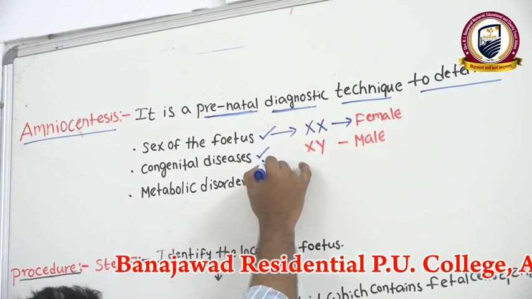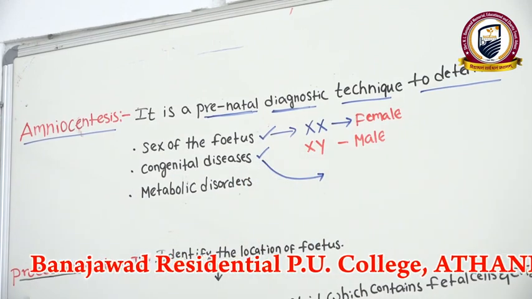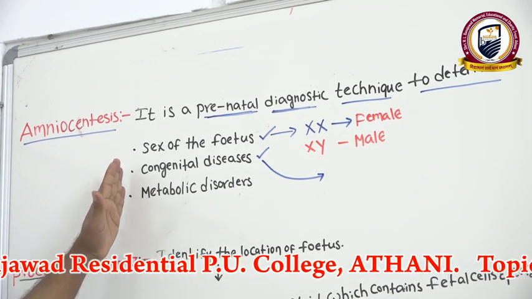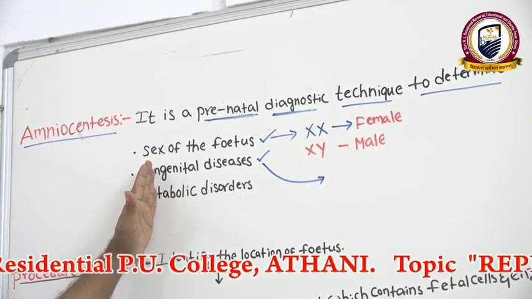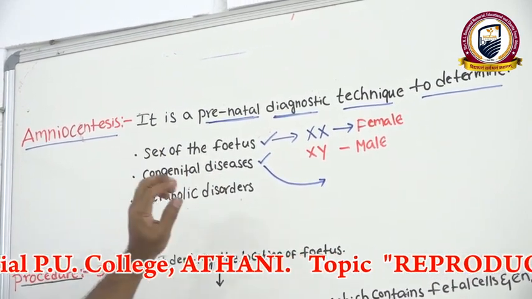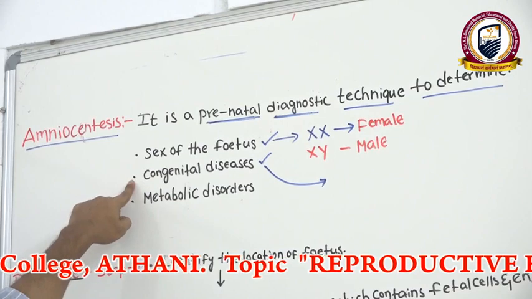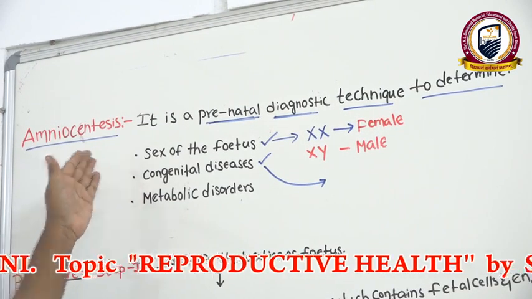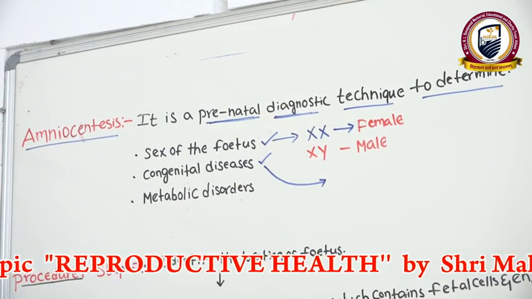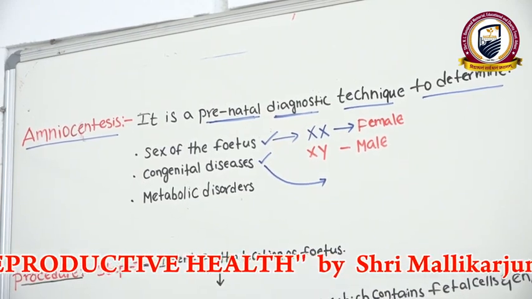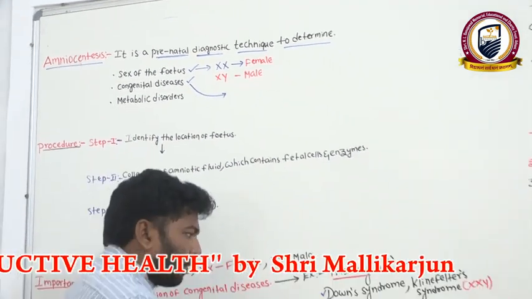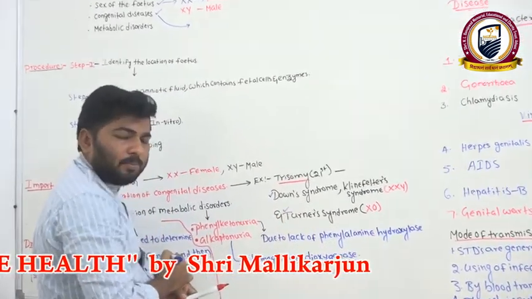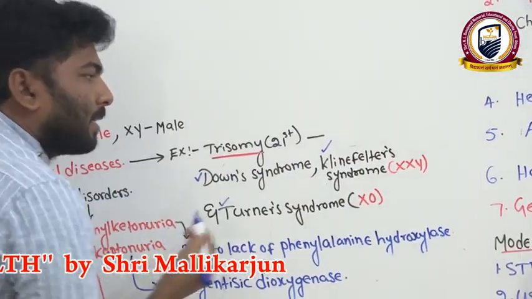Now, congenital disorders or congenital diseases. Congenital diseases means diseases which are passed from parents to their children. Examples are Down syndrome, Turner syndrome and Klinefelter syndrome.